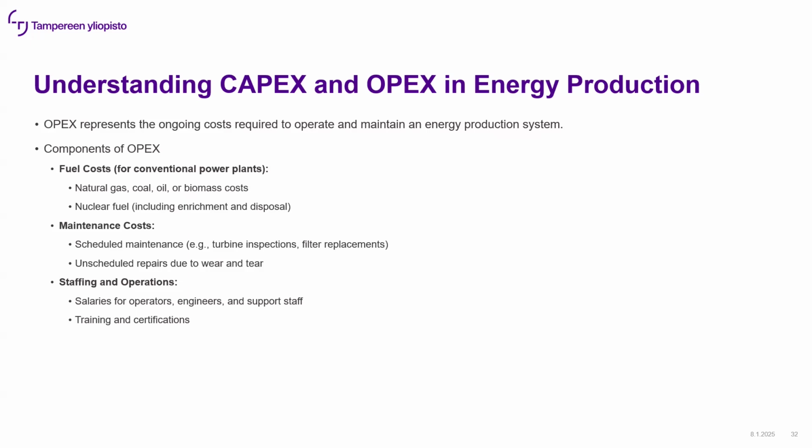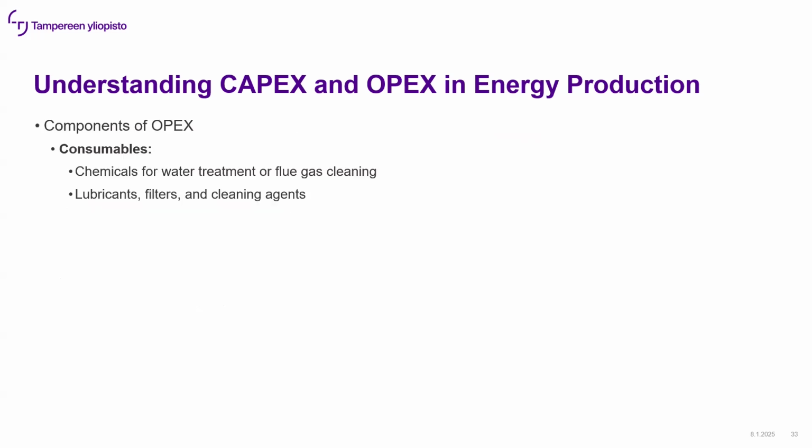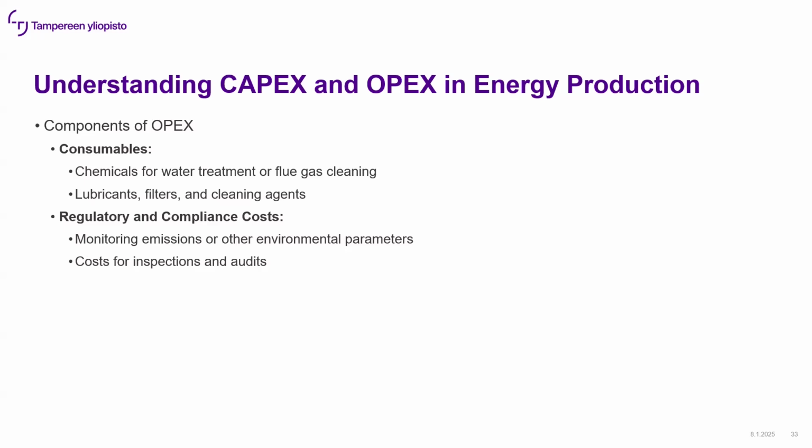The more you operate it, the more staff you need. In some cases, the staffing is also kind of a fixed cost. Utilities and auxiliary power. Electricity or heat required for internal operations. Cooling water, compressed air, and so forth. Consumables, chemicals, lubricants. That's something you have to take into account. Not as high a level as the fuel costs, but still.